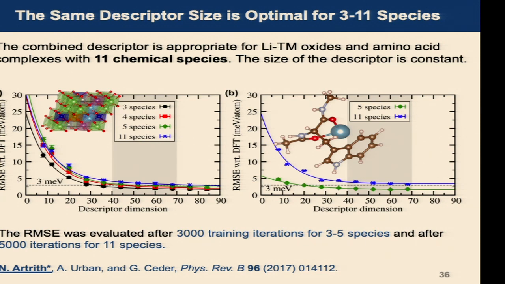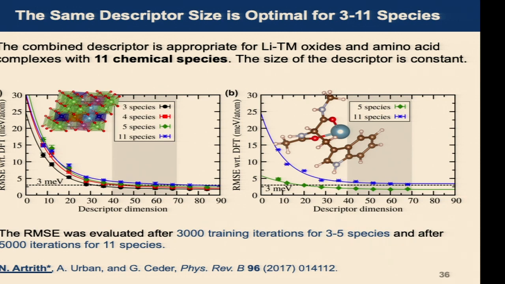In this case, we test 4 different reference data sets. The first reference data set has 3 chemical species, the second has 4, and then we increase to 5 chemical species and 11 chemical species. And then we test by increasing the number of descriptors that we use.